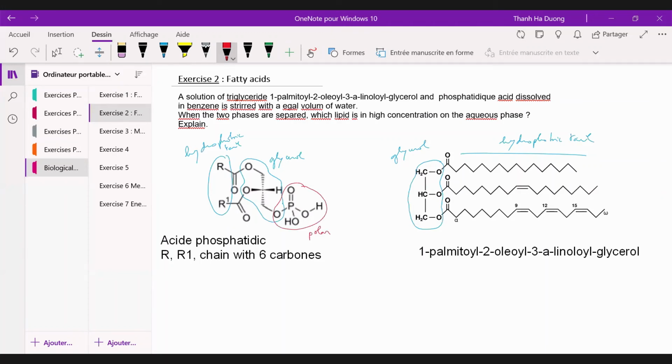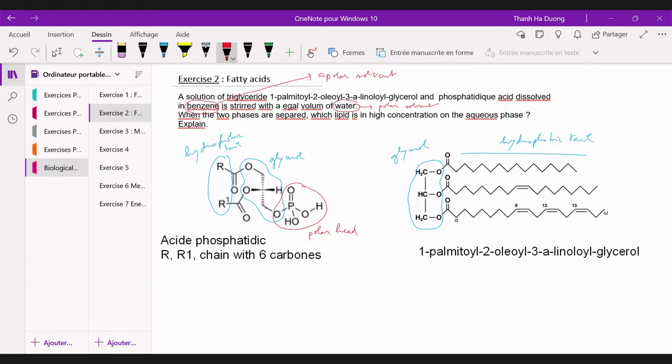Okay. So you have a difference between water and benzene. Water, you know that it's a polar solvent, and benzene, it's an apolar solvent. Okay? So you have these two molecules.